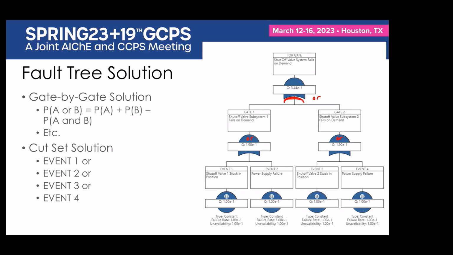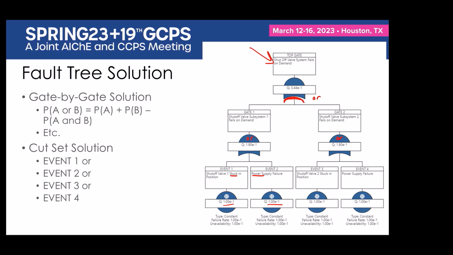But for each valve, it will fail to get to the safe state if either it's stuck in position or the power supply for that valve fails. Okay, and there's a probability of 0.1 that it'll get stuck and a probability of 0.1 that I have a power supply failure. So now, how do you solve for the top gate?